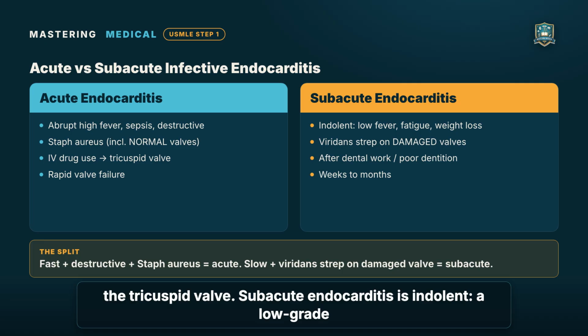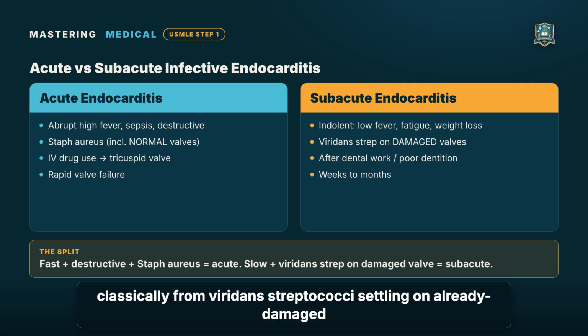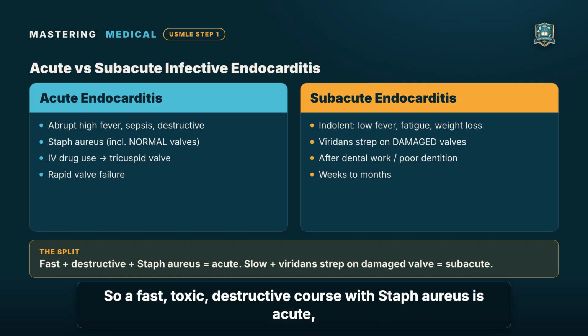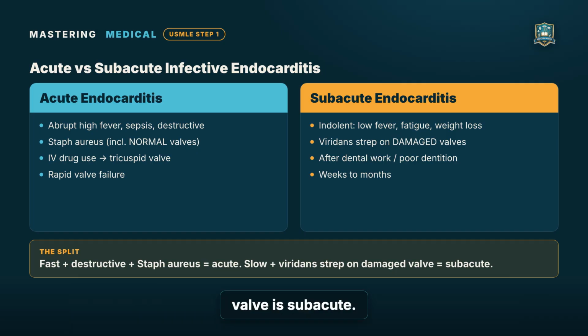Subacute endocarditis is indolent, with a low-grade fever, fatigue, and weight loss over weeks to months, classically from viridans streptococci, settling on already damaged valves, often after dental work or with poor dentition. So a fast, toxic, destructive course with Staph aureus is acute, while a slow, smoldering course with viridans strep on a damaged valve is subacute.